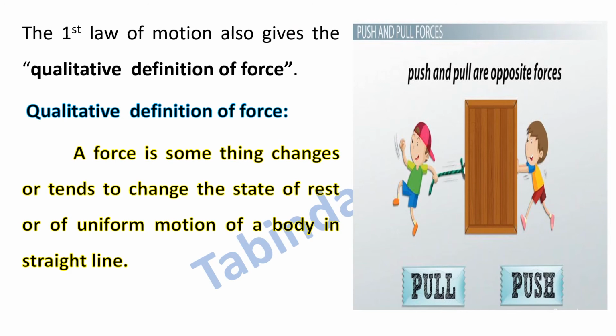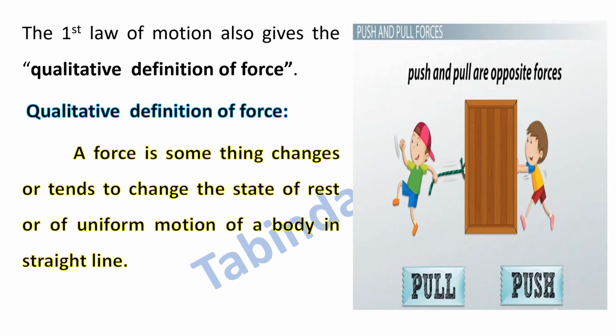Now, for Newtonian mechanics, as we have said, classical mechanics works under Newton's laws of mechanics. For the first law of motion given by Newton, the first definition is for the force, which was first determined by Galileo. He said that every motion requires an external force, so we should have a qualitative definition of the force.